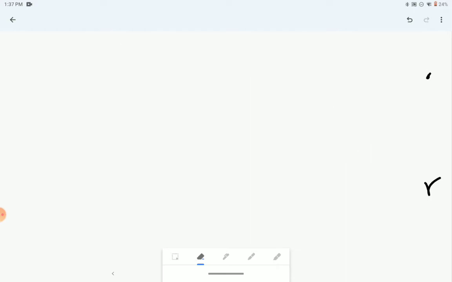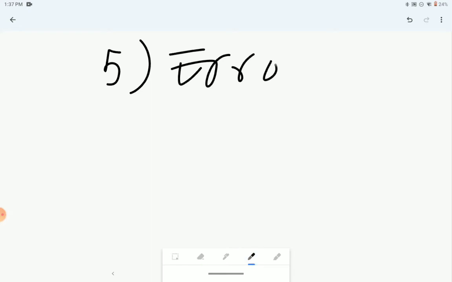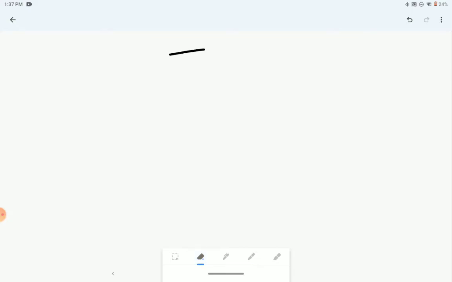So let's recap this session. There are totally 5 things you should learn in order to do these error calculations in measurements. The first is finding the true value or mean value.